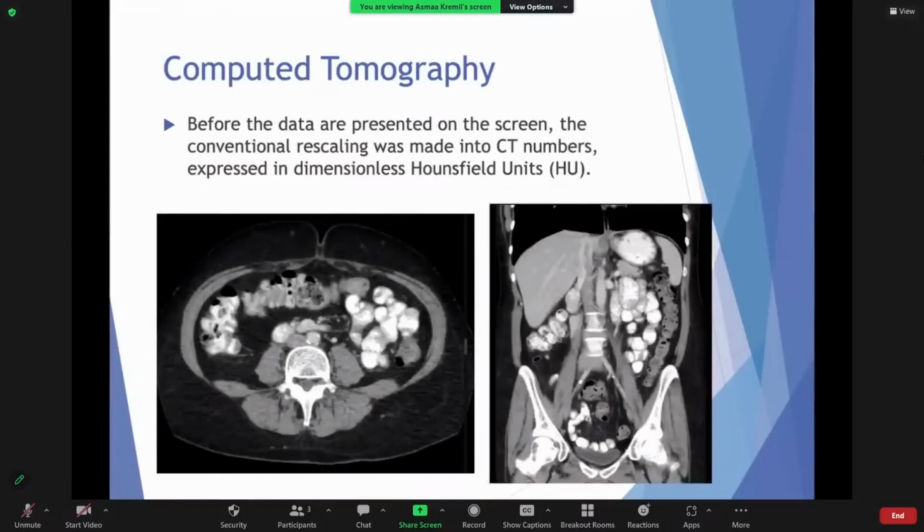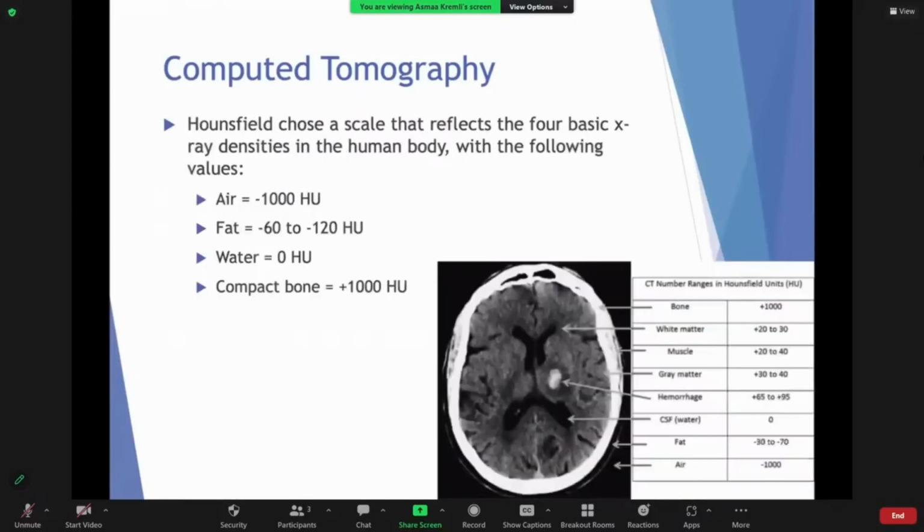There is a principle that's very important. Before the data are presented on the screen, the conventional rescaling was made into CT numbers. These CT numbers are expressed in dimensionless Hounsfield units. Anyone who is in a CT reading room will hear a lot of these Hounsfield units. So what do we mean by Hounsfield units?